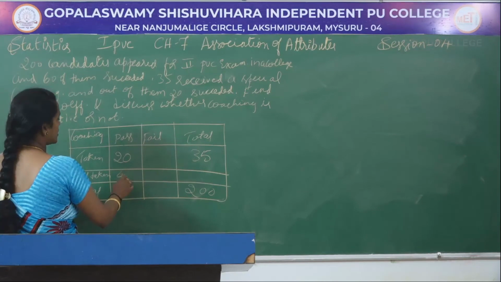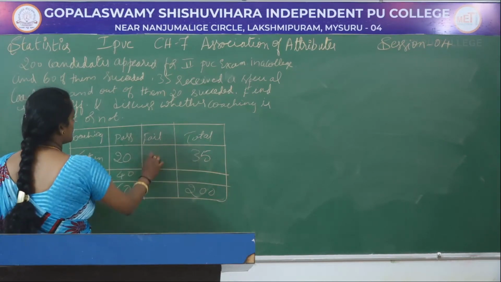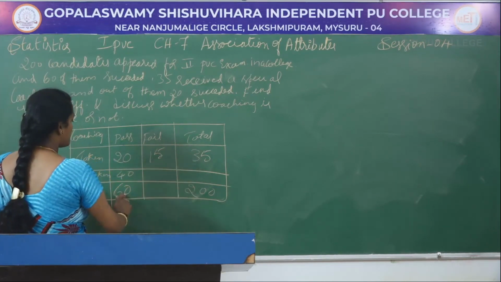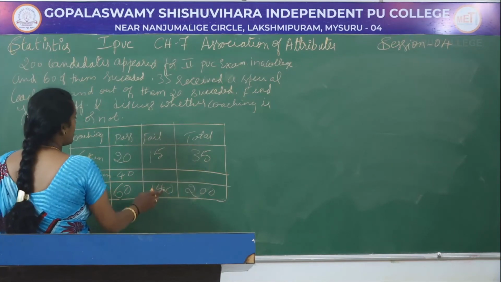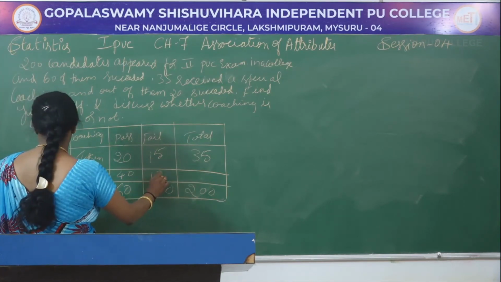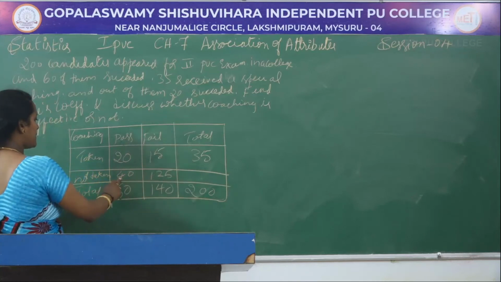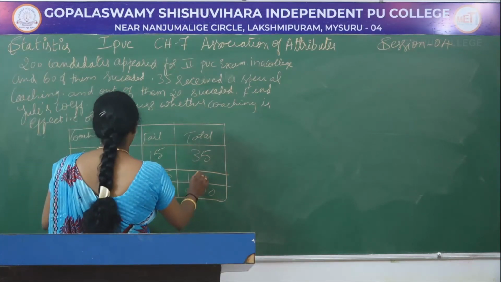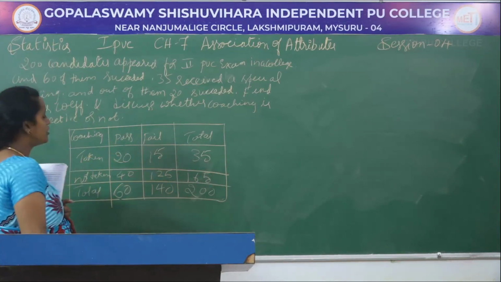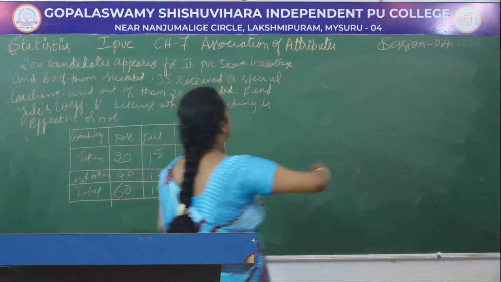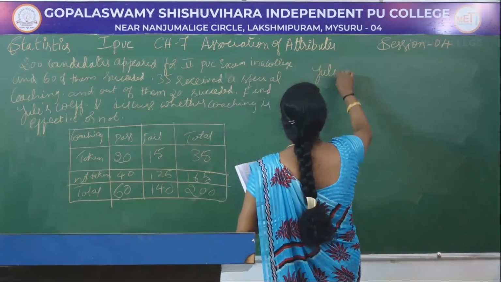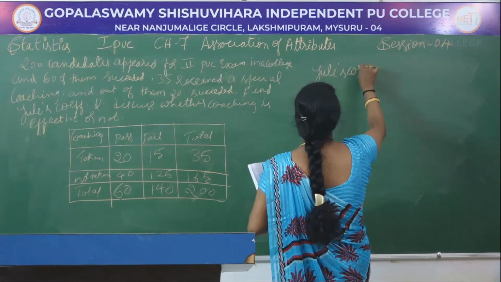60 minus 20 is 40, 35 minus 20 is 15, 200 minus 60 is 140, 140 minus 15 is 125, 125 plus 40 is 165. So now the table is completed. Now we will move to the Yule's coefficient.